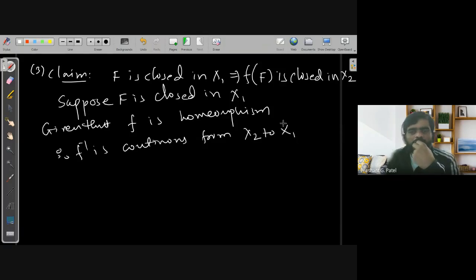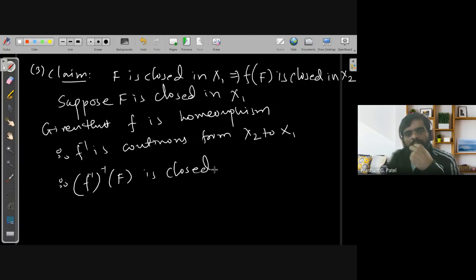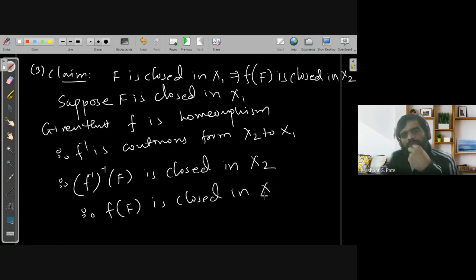That means the inverse image of any closed subset of X1 will be closed in X2. So therefore F inverse of F is closed in X2, and therefore F of F is closed in X2. Which completes the proof that this homeomorphism map preserves the closedness and it preserves the openness also.